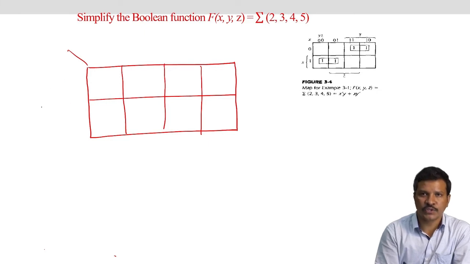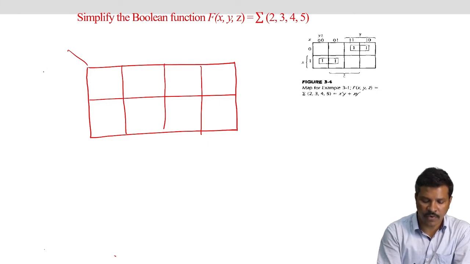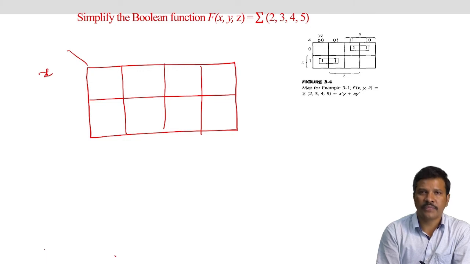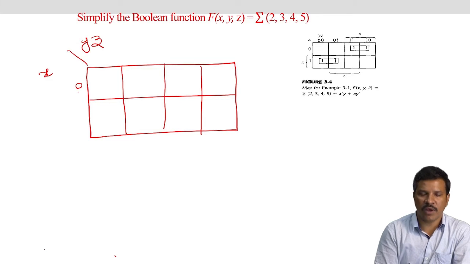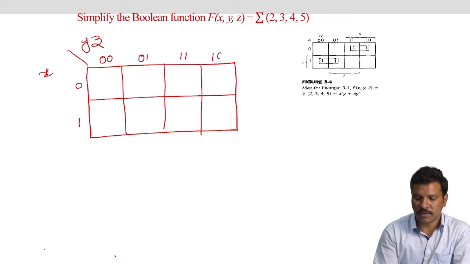I am considering these 2 rows for one variable, x, and the 4 columns assigned by 2 variables, y, z. The Boolean values for the rows are 0, the complemented value of x, and 1, the uncomplemented value of x. And yz can be represented in gray code order: 00, 01, 11, 10.